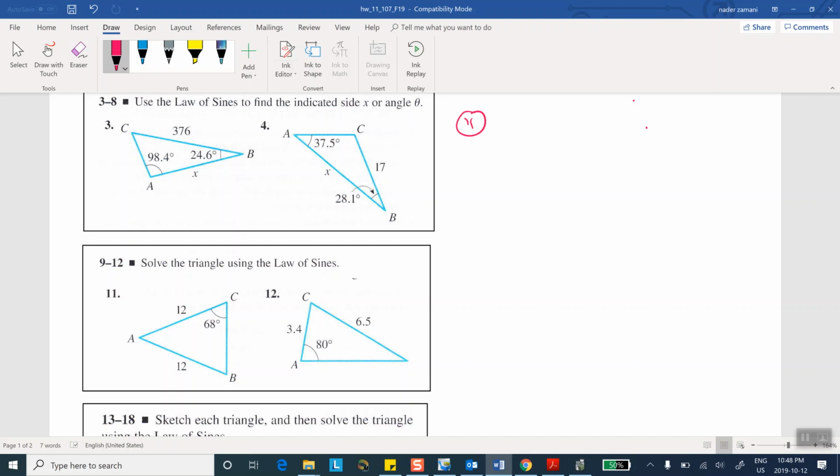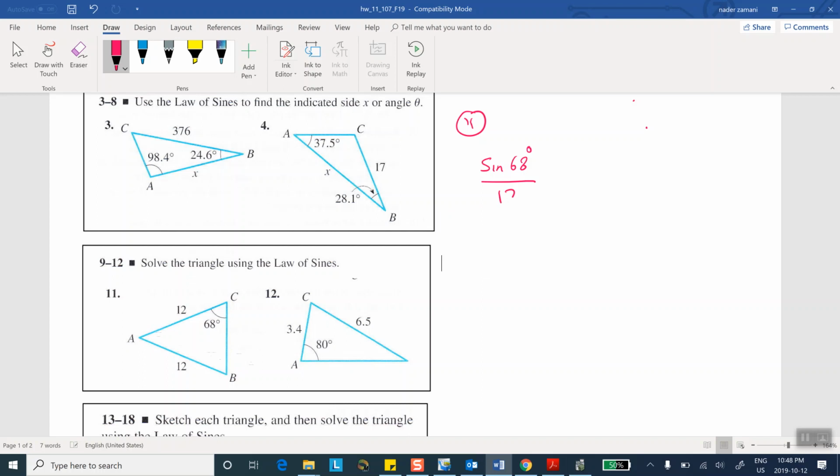First of all, this is 12, right? So what I can do is say sine of 68 divided by the edge facing it, which is AB.